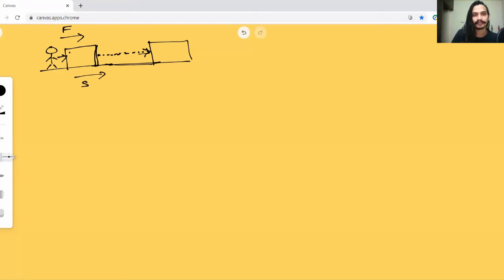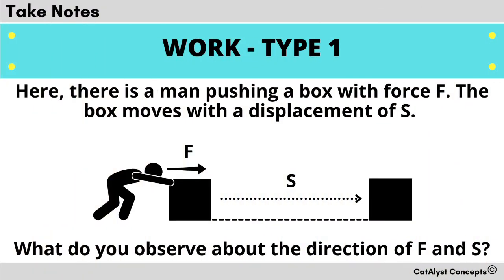So my force and my displacement are in the same direction. In other words, the object is moving in the direction of the force that is applied on it.